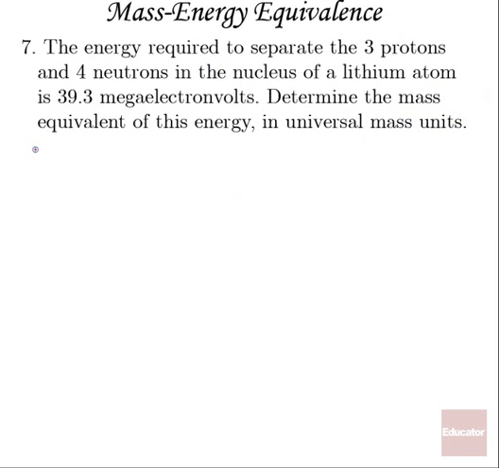Number 7. The energy required to separate the 3 protons and 4 neutrons in the nucleus of a lithium atom is 39.3 mega electron volts. Determine the mass equivalent of this energy in universal mass units. All right, so we have 39.3 mega electron volts, and we want to find out its mass equivalent.